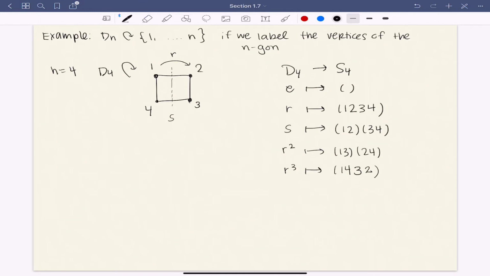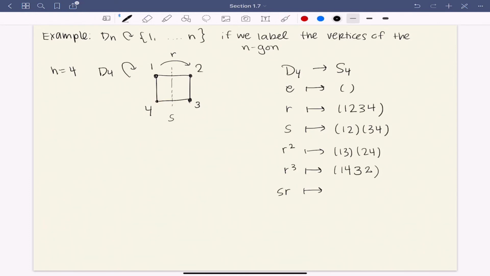And then we have our other elements, so we have sr, which should be another reflection. Now here it's important that we remember that we have a left group action, because that means that we do r first, then s. So if we do r first, 1 will go to 2, and then s will send it back to 1. So 1 is fixed by sr. 2 will go to 3 under the rotation, and then the reflection will send it to 4.